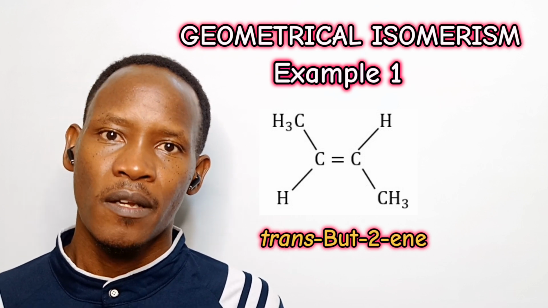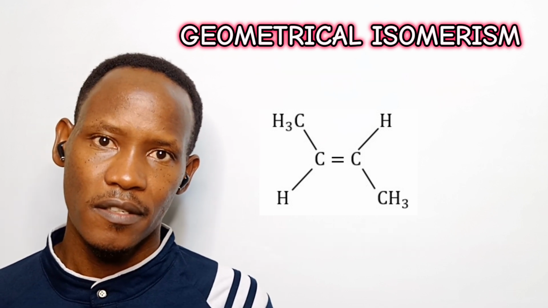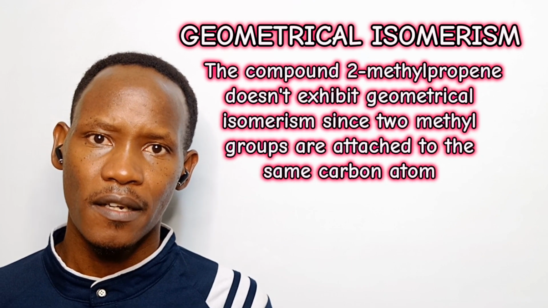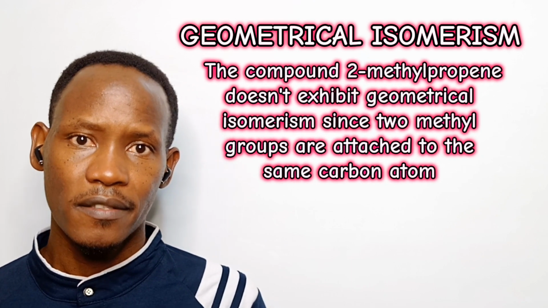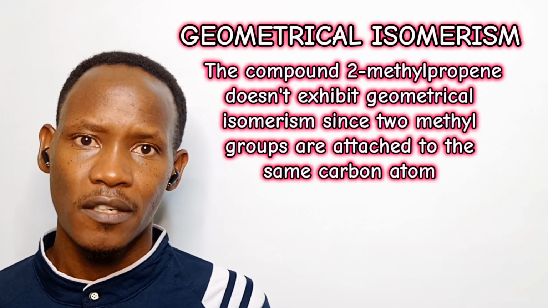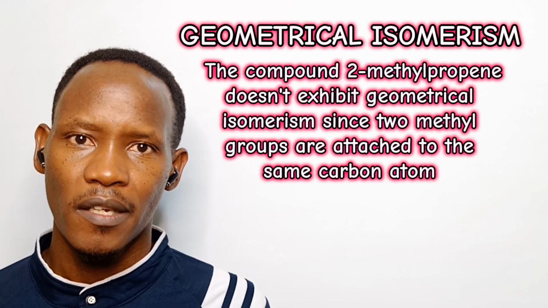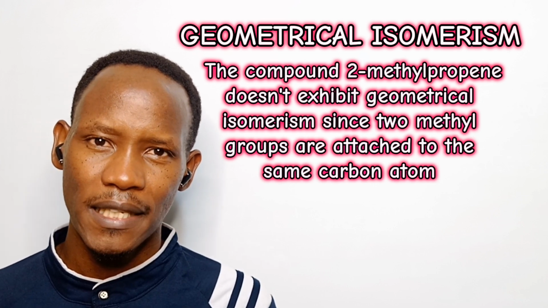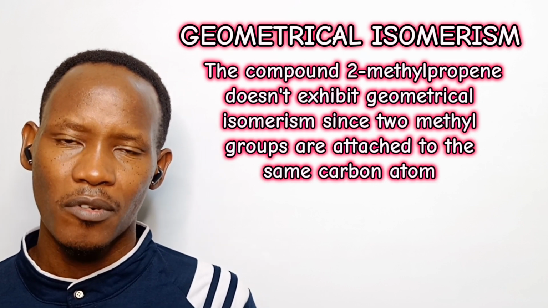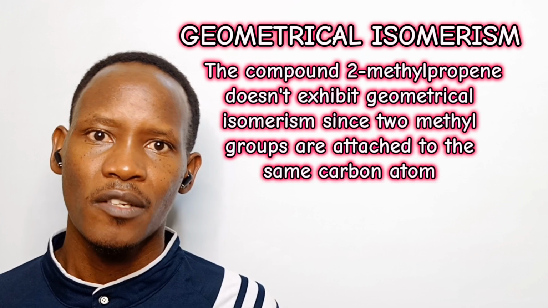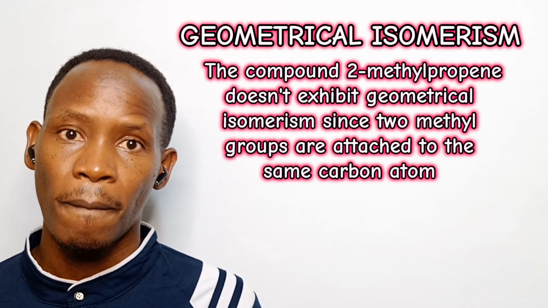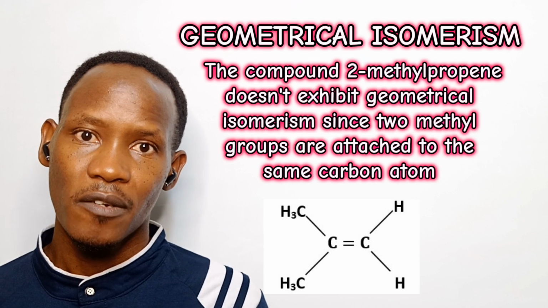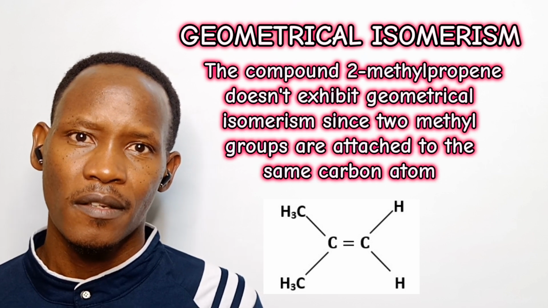trans-but-2-ene. A point of emphasis here is that for an alkene, and for that case a cyclic alkane, to exhibit geometric isomerism, you must never have two similar groups attached to the same carbon atom. For example, to illustrate this, beside here is the compound 2-methyl-prop-1-ene.